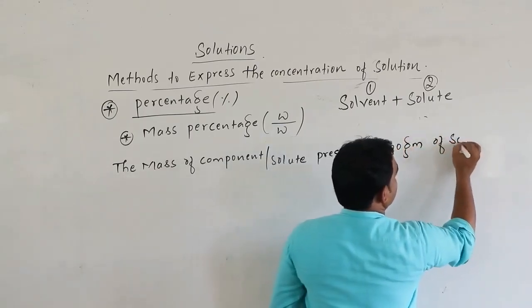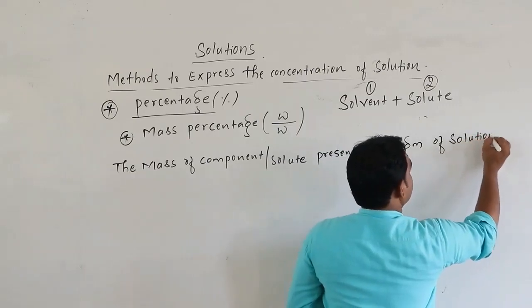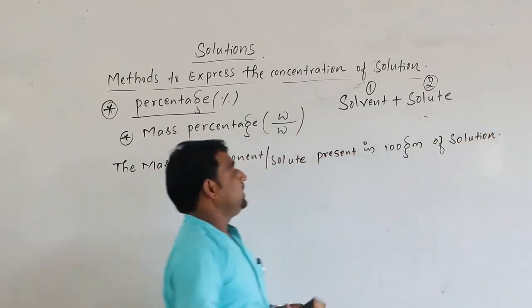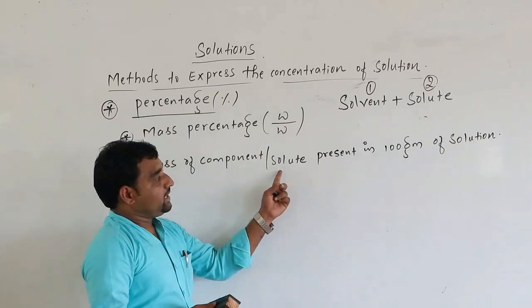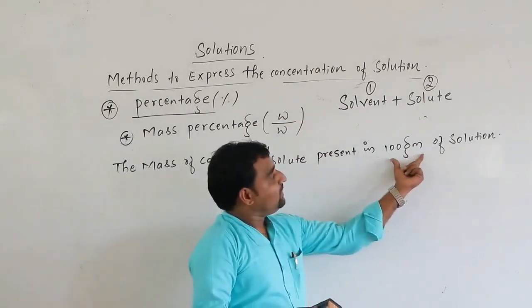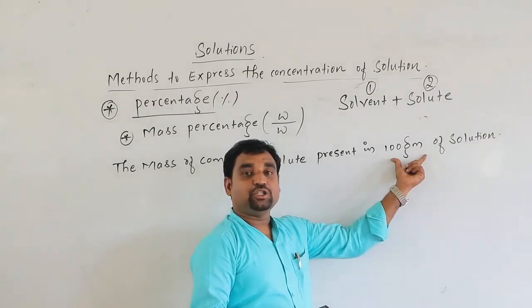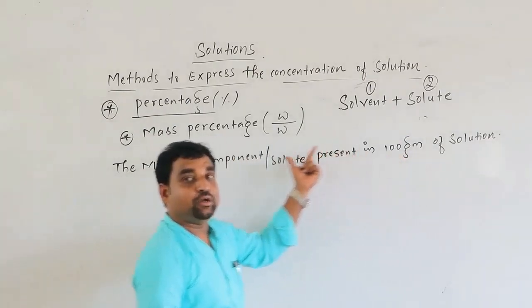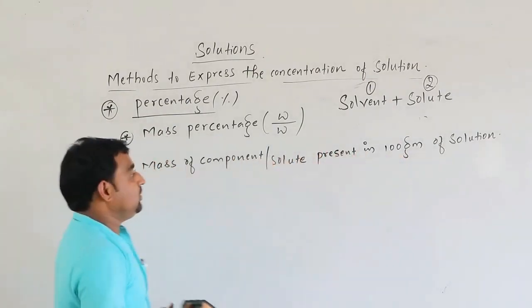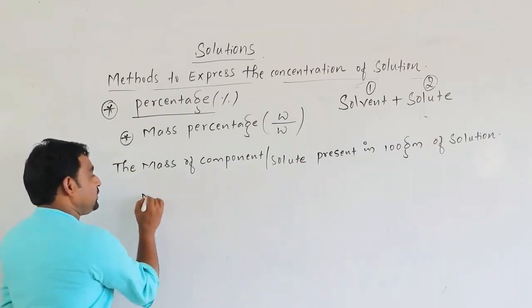Here the solute is taken in gram and the solvent is also taken in gram. The total mass of the solution should be 100 gram, including what? Solute.